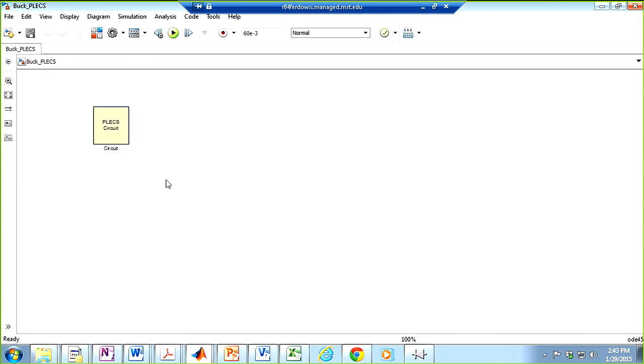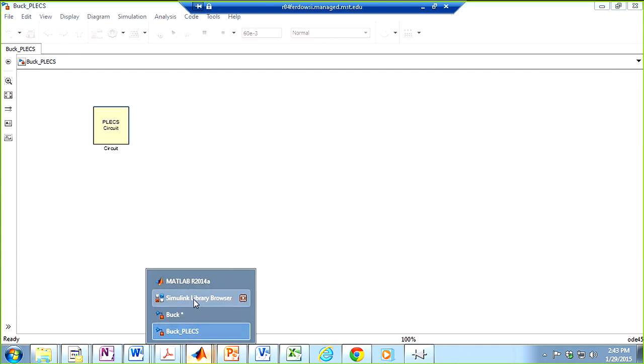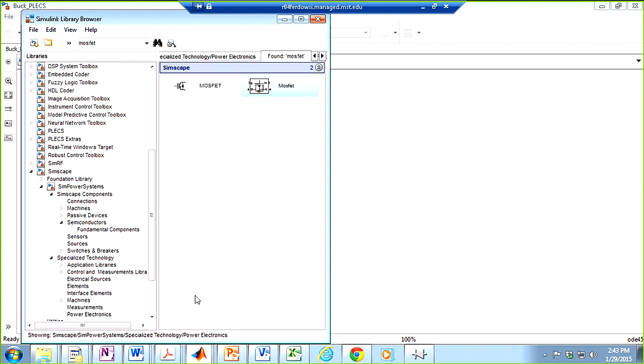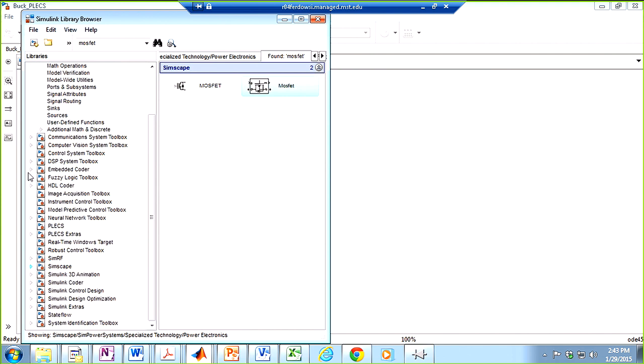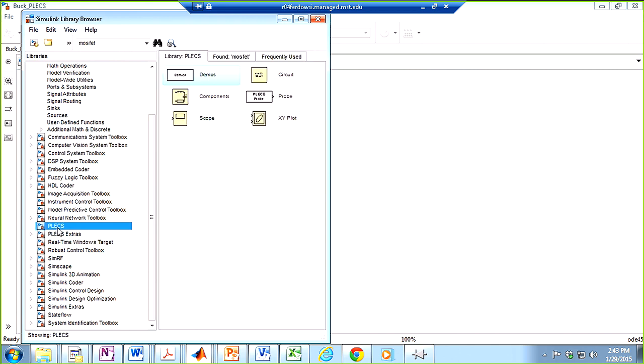Plex is, if you have never used Plex before, let me see, if you look at Simulink, there should be a Plex somewhere. Here it is. So there are two versions of Plex. One is a standalone kind of software, meaning that when you run it, you don't actually see MATLAB running.